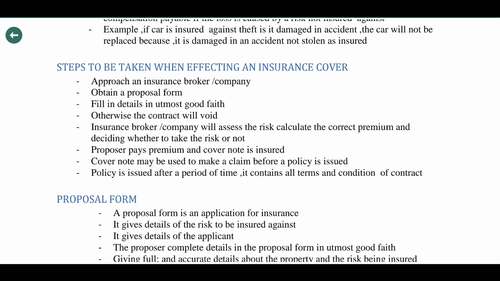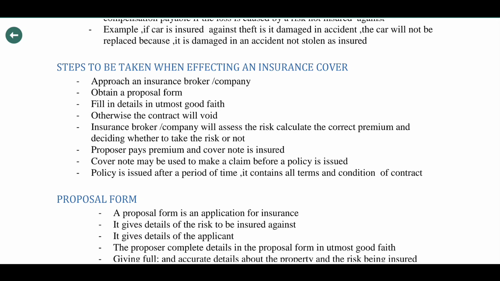When you go there, the second step is that you obtain a proposal form. You fill in details in utmost good faith. Utmost good faith means that you say everything, you don't leave out any fact that may lead to the risk occurring, to happen.